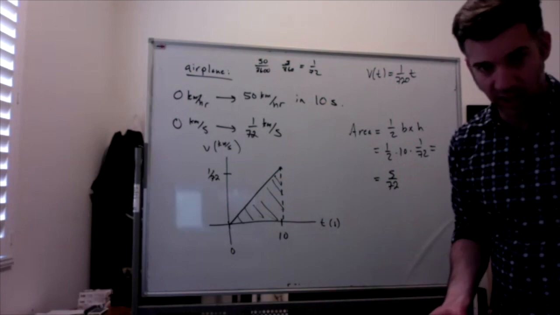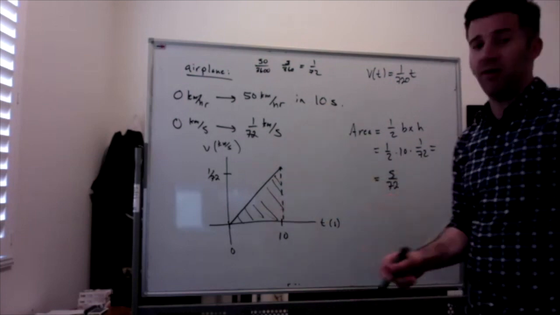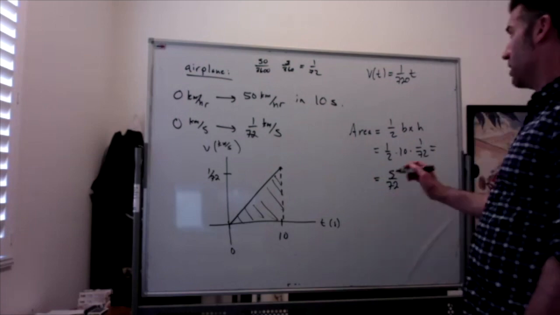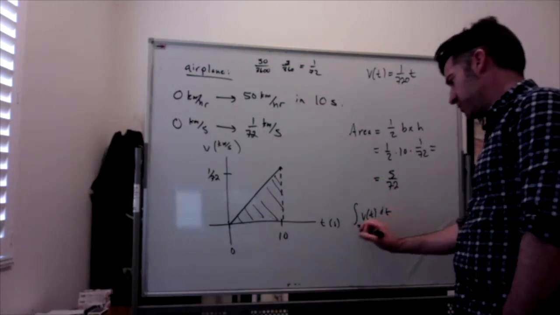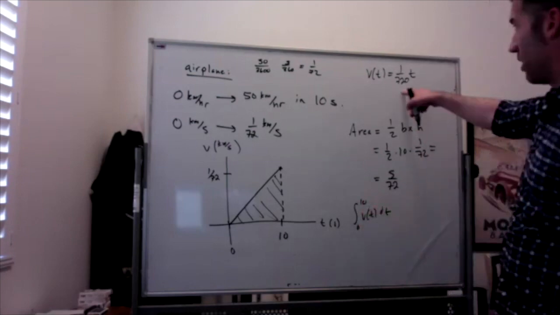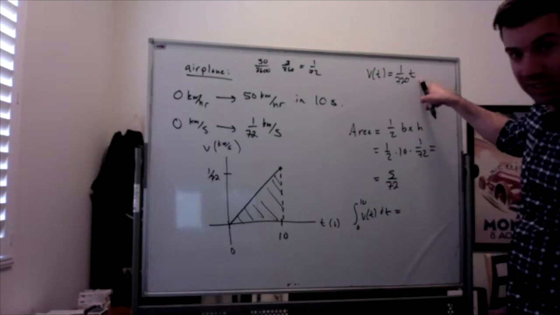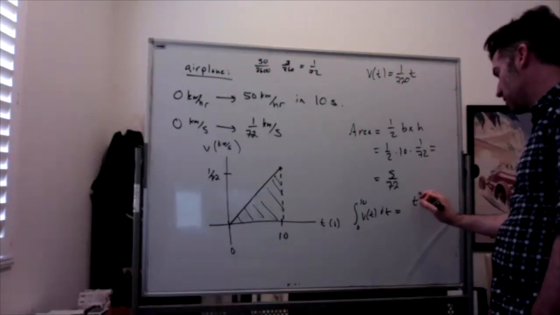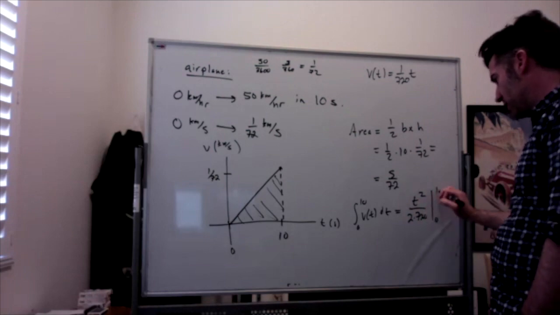That would totally work if you know the area of the geometric shape. Or you could say, James, I know how to do integrals. It's the integral of velocity from 0 to 10. So if you integrate t over 720, not 1 over 720, you get t squared over 2 times 720, from 0 to 10.